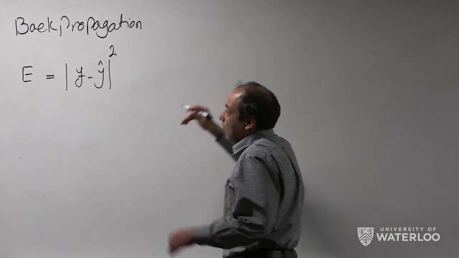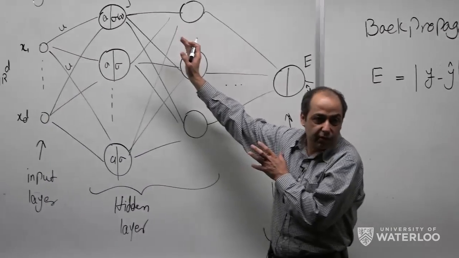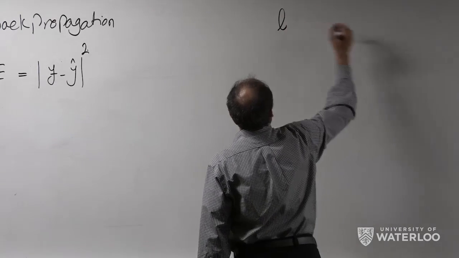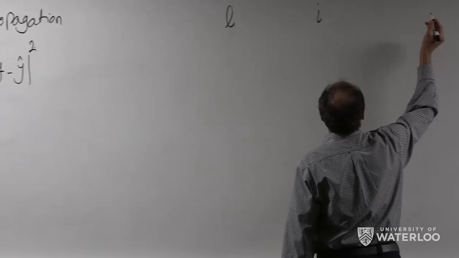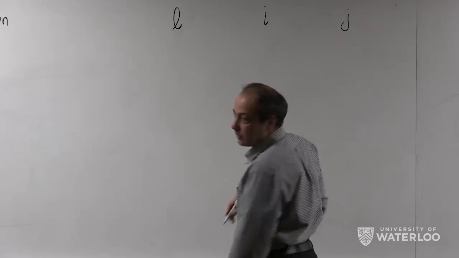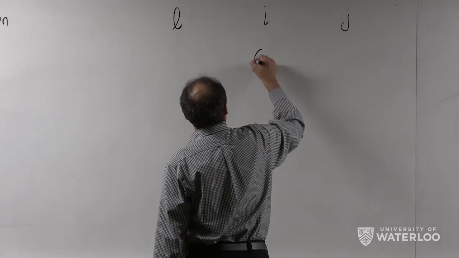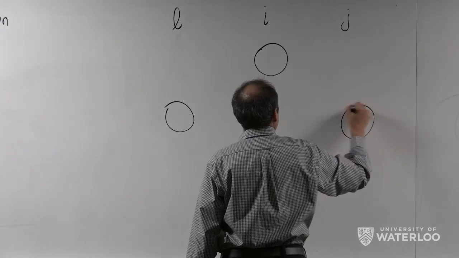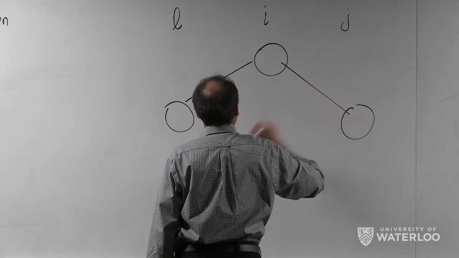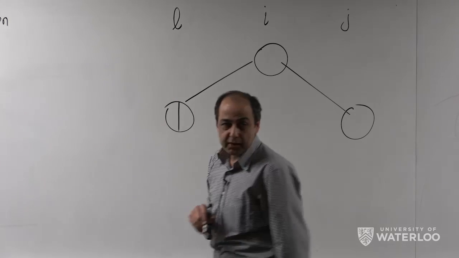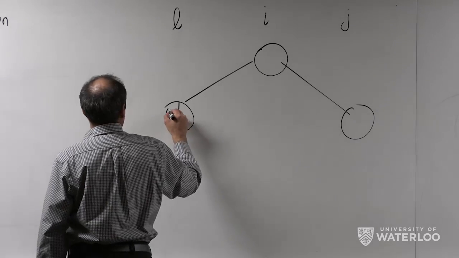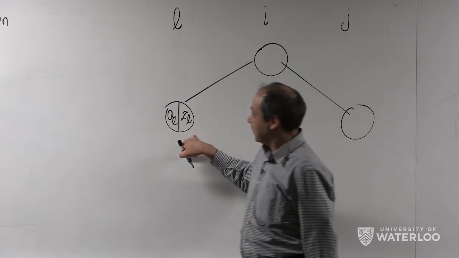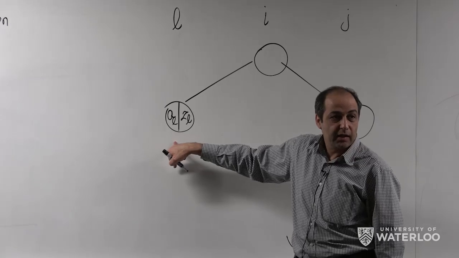Suppose that I'm just looking at a snapshot of this neural network, and I assume that there is a layer L, and there is layer I, and there's layer J. And I look at one perceptron here, one perceptron here, and one perceptron here. I divide each of these perceptrons into two parts. I call the first part A, and the second part Z. And Z is basically A when a nonlinearity is applied to it.